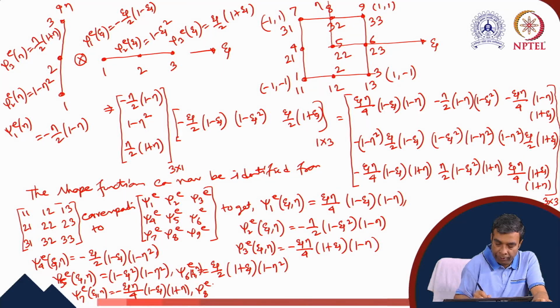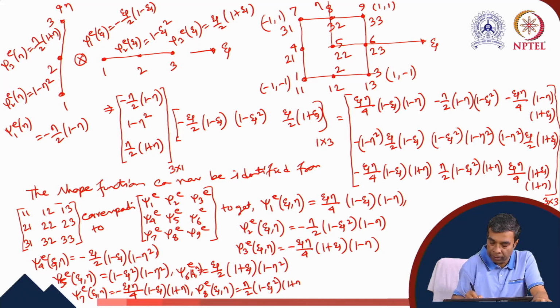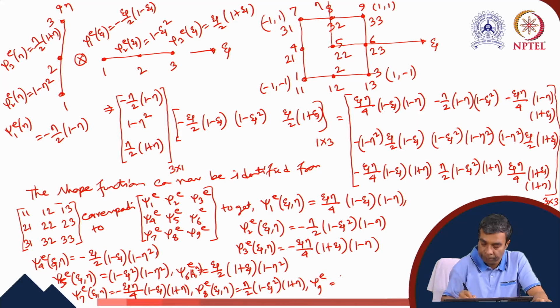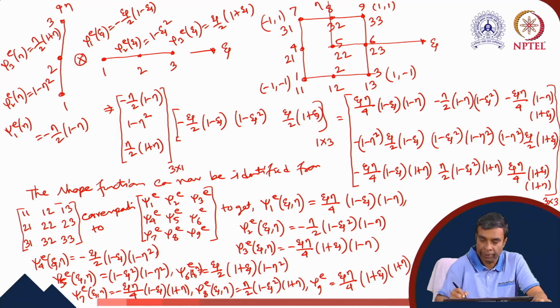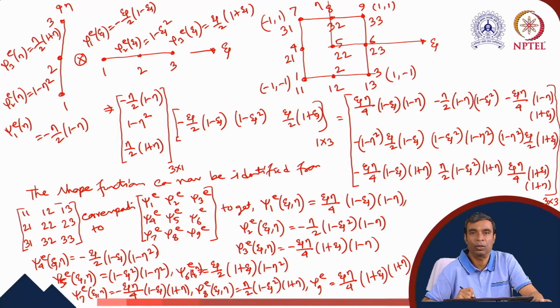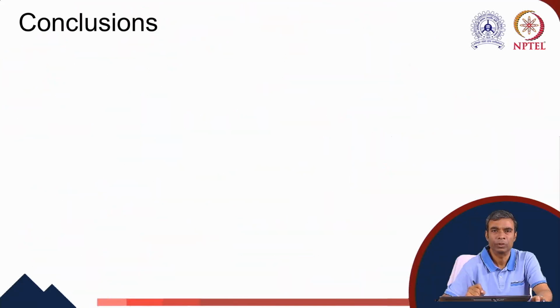Psi 8e xi eta equals eta by 2 into 1 minus xi square into 1 plus eta, and psi 9e equals xi eta by 4 into 1 plus xi into 1 plus eta. In this manner, we can construct the higher order interpolation functions for the quadrilateral elements. So, we conclude today's class here.